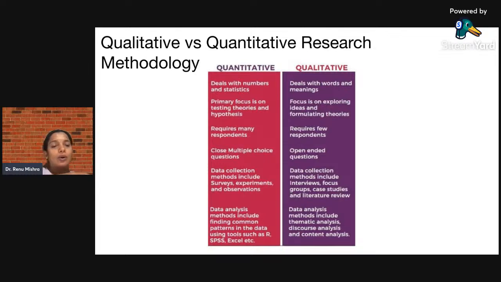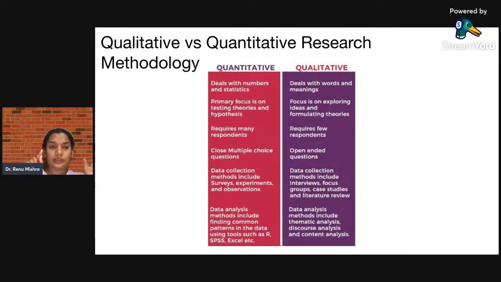When you talk about quantitative research, the primary focus is to test various hypotheses. For that, you develop some models. On the contrary, in qualitative research, you formulate theories and ideas. Those conducting quantitative research need a big sample size.